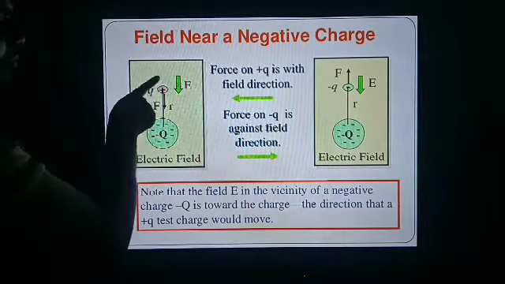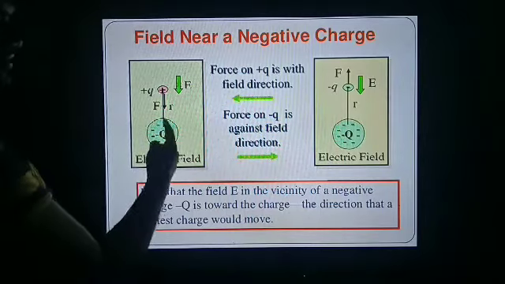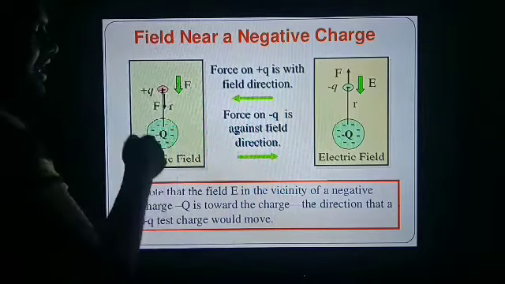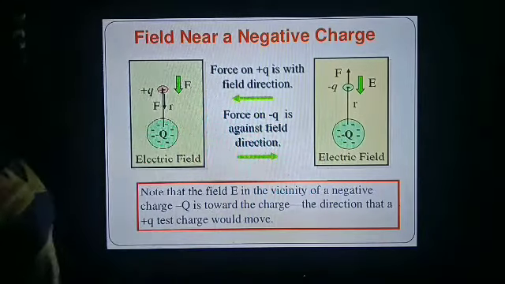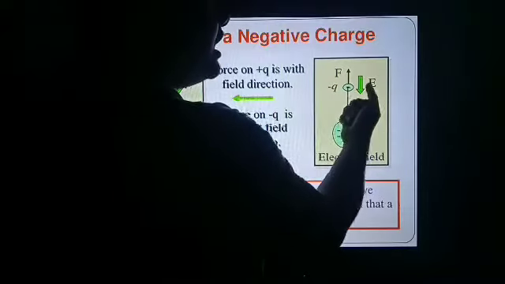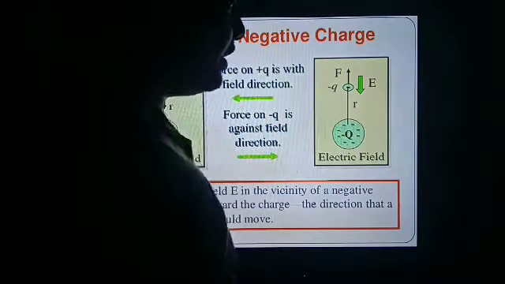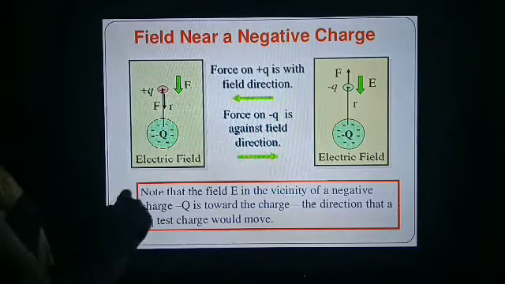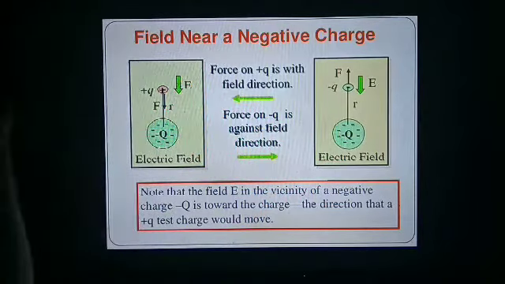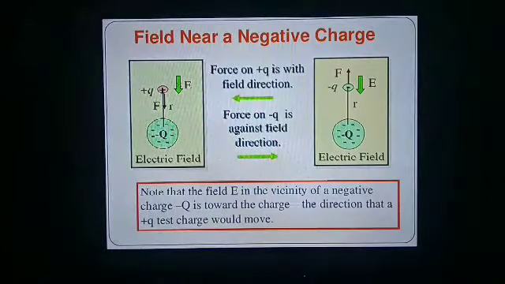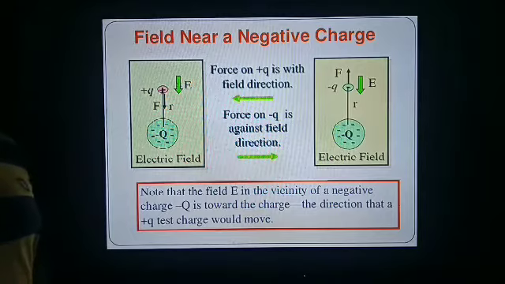Suppose that we bring a positive charge near a negative charge. Then this positive charge will travel in this direction, means in the direction of electric field, and negative charge will move away from the negative charge, means opposite direction of electric field. So keep reminding one thing, positive charge always travels in the direction of electric field and negative charge travels in opposite direction of electric field.